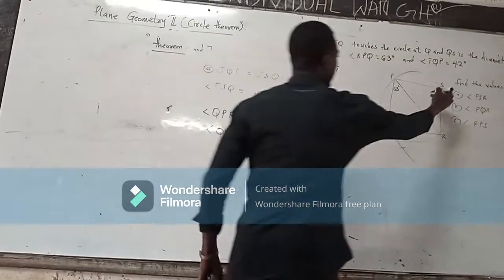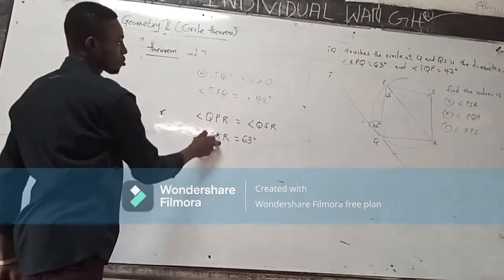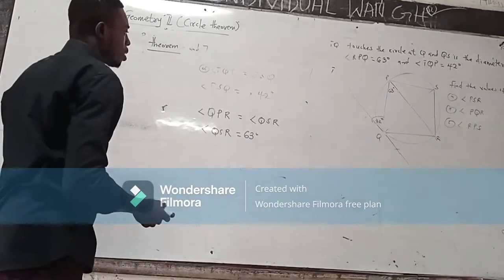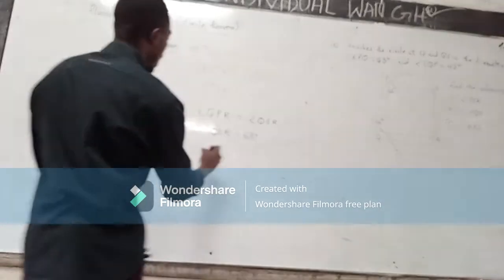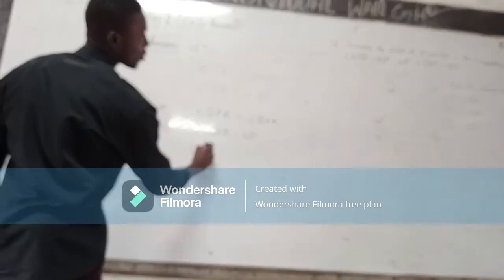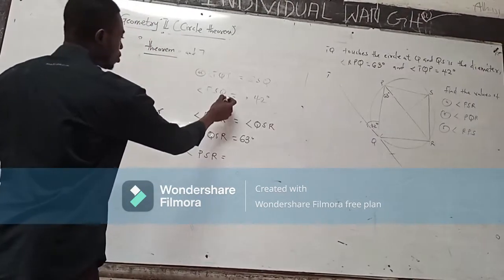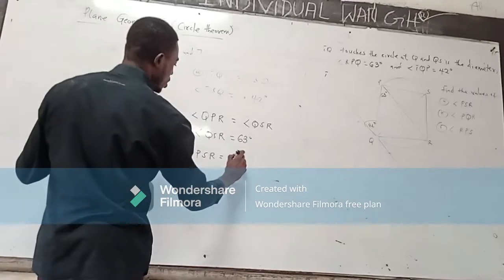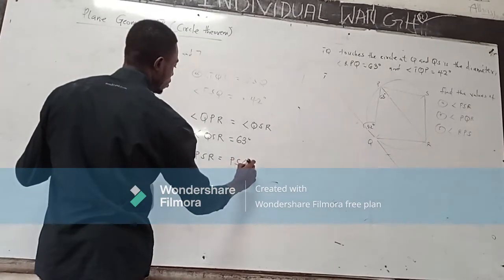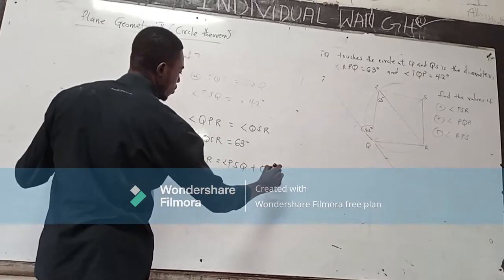Now, they are asking us to find all this one. It means that when you sum the two, you are going to get it. So if you want to find what they are asking, angle PSR is equal to the PSQ plus the QSR.